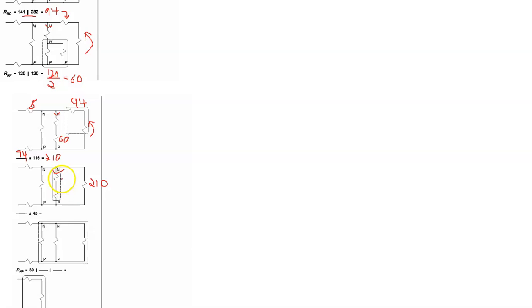Okay, so now he's going to tackle two of these here in series, and that was 45, the top one, in series with this one here, which was 60. And so 60 in series with 45, the linear sum means 105. So now our circuit is, this one was 8, we did that calculation.